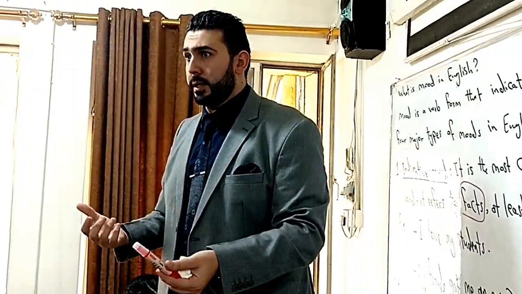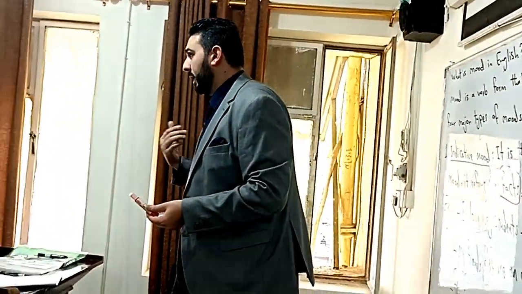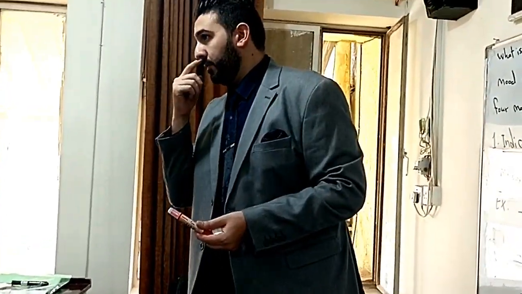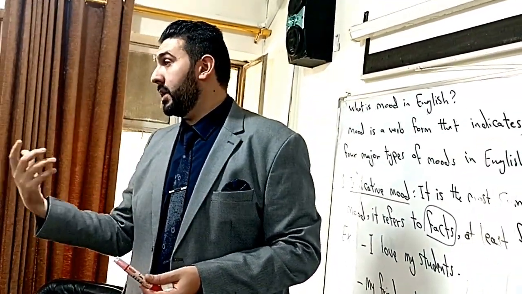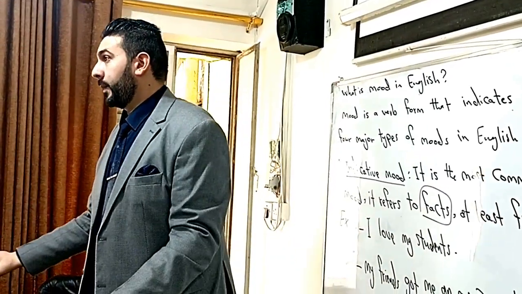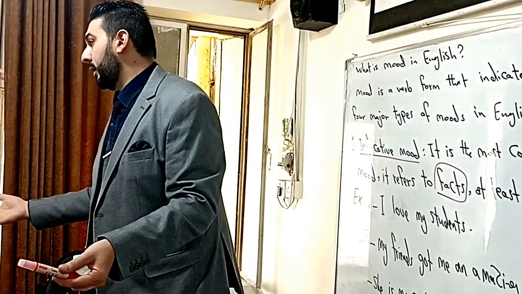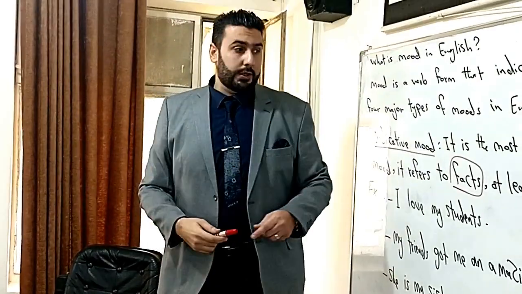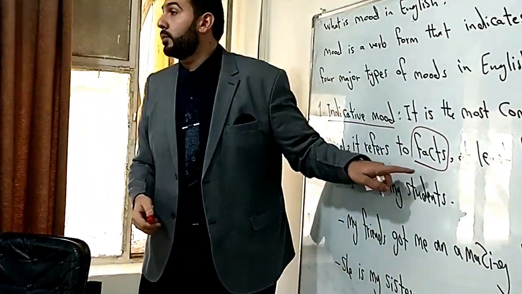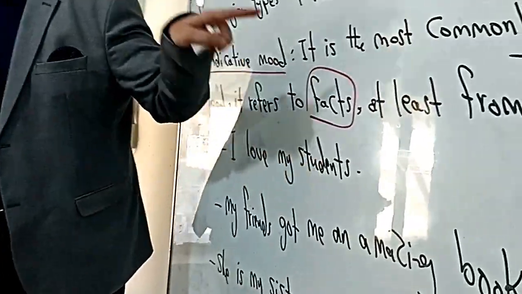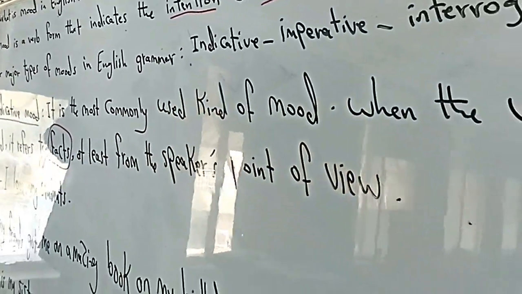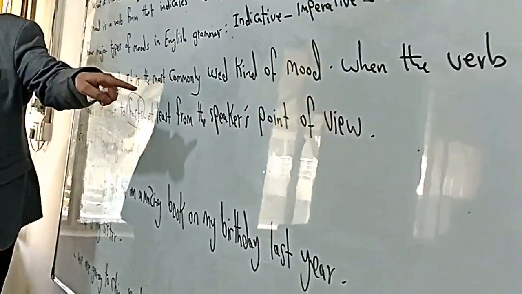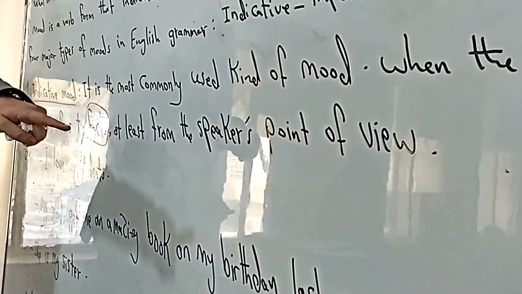I believe something happened to me, and I'm talking about it, so I use the indicative mood. So we use the indicative mood to talk about facts, at least from the speaker's point of view.